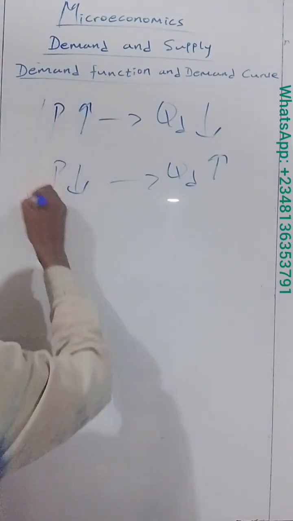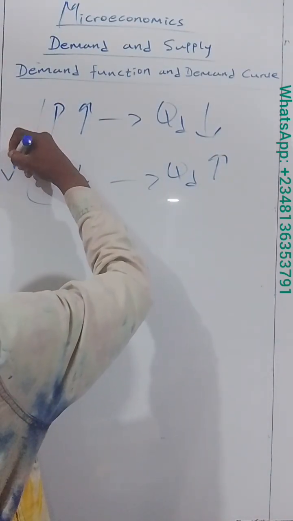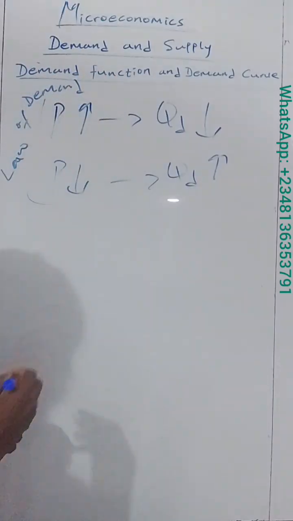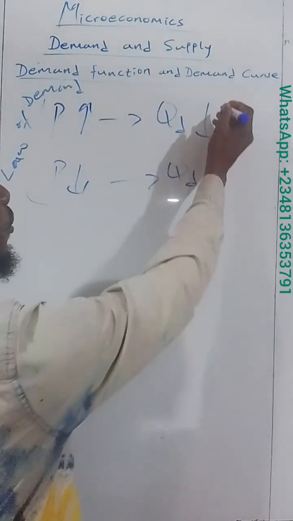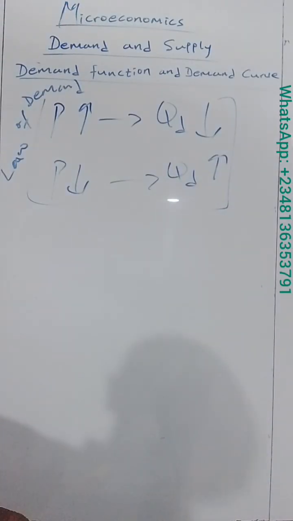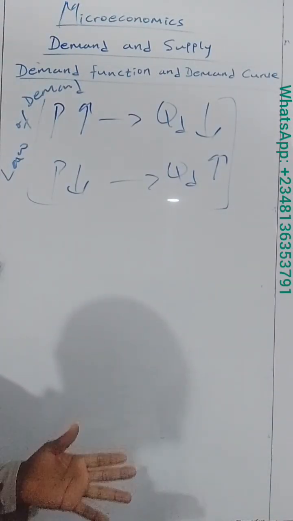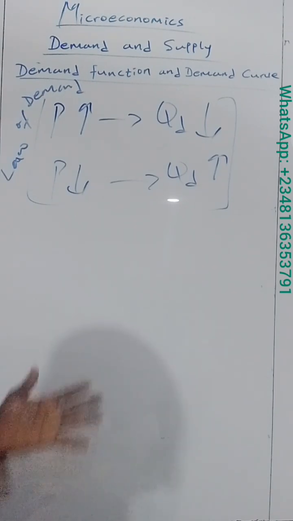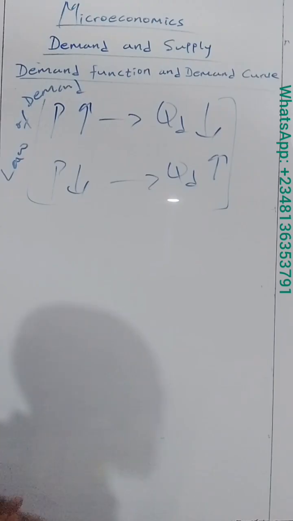This is simply the law of demand. This law can be transformed into a mathematical equation. This mathematical equation that expresses the relationship between the quantity demanded for a product and the price of the product is known as a demand function.